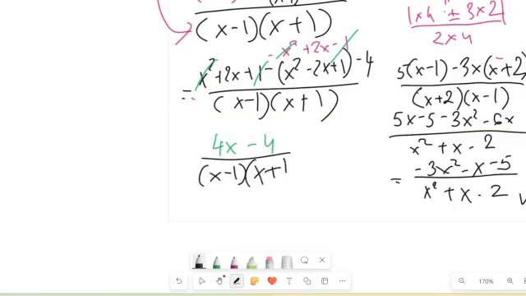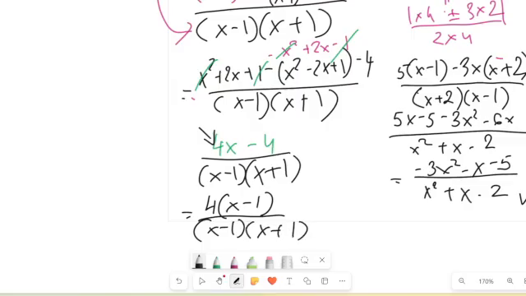So x plus 1, and of course I can see that the top has a common factor, so I can factorize the 4, and then I get x minus 1 bracket over x minus 1 x plus 1, and then again I have something that is the same, so I cancel this out, and the simplest form of this will be just 4 over x plus 1.